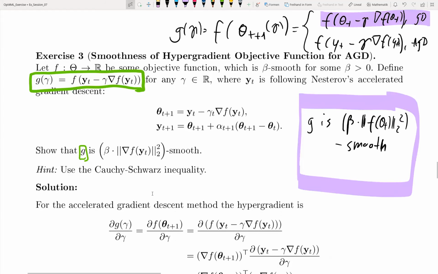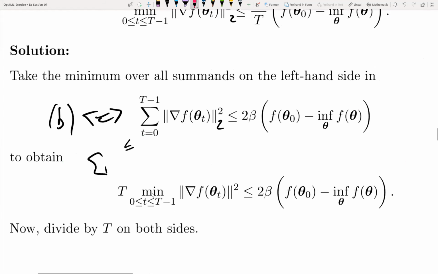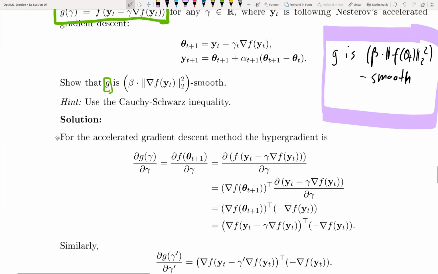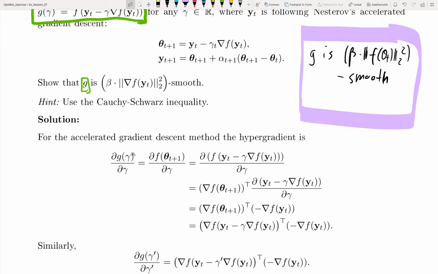All right, but let's consider the case for accelerated gradient descent. Let's recall what the hypergradient is. The hypergradient is nothing else than the gradient of the objective function which the hypergradient considers. The objective function considered by the hypergradient is here, in green, the function g of gamma.